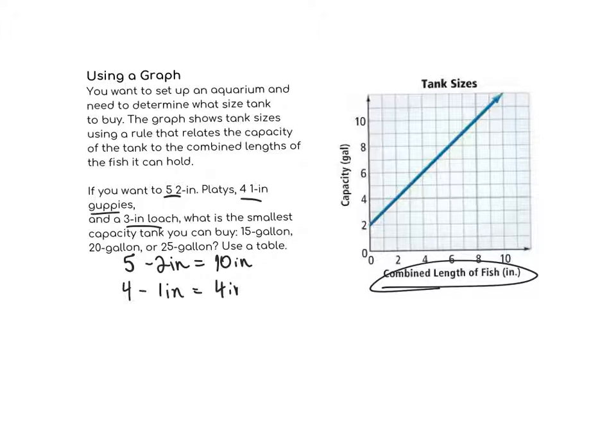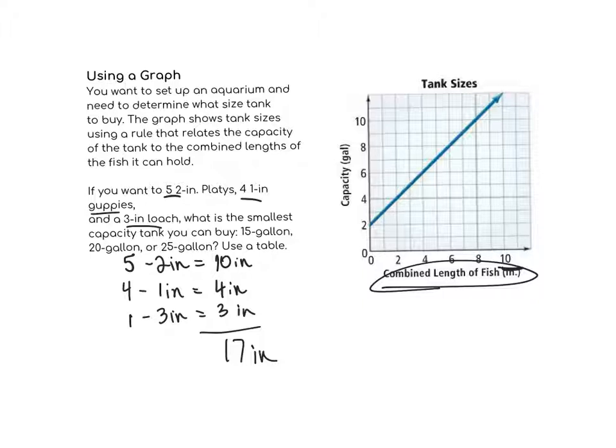I have 4 inches, and then I have 1 3-inch. So if I add that together, my total length is 17 inches. So I have a little bit of a problem there, right? My combined length only goes to 10.